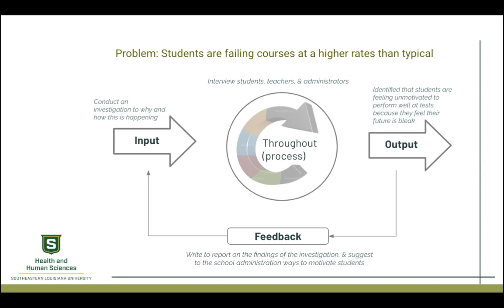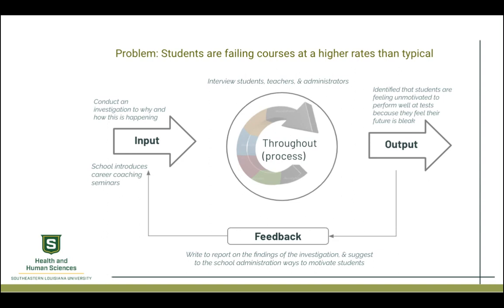Now the feedback loop would be for the investigators to write a report of the findings of this investigation and then suggesting to the school administrators ways in which they can motivate the students. And this feedback then feeds into a new input, which would be the school introducing a career coaching seminar as a way to motivate students.